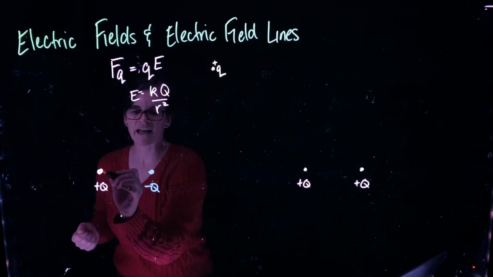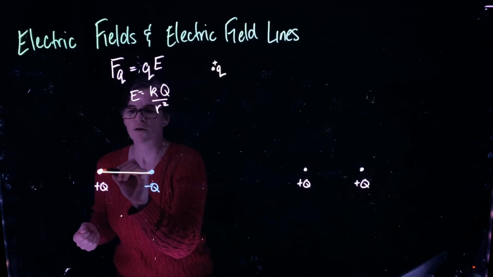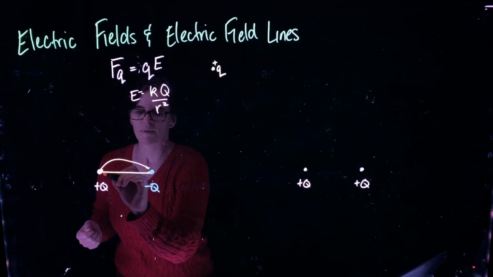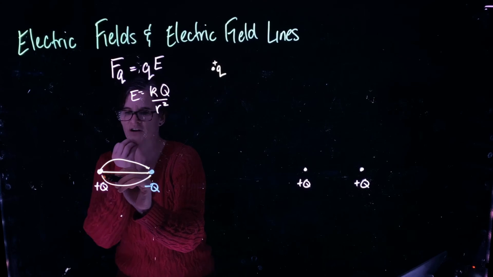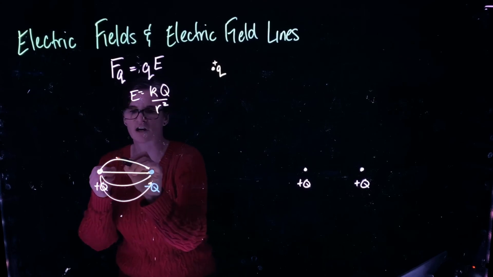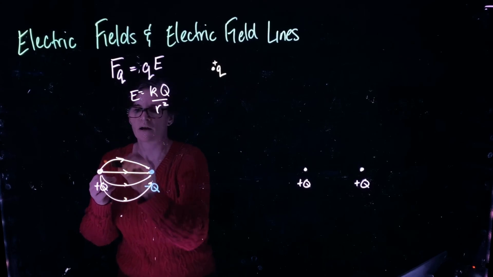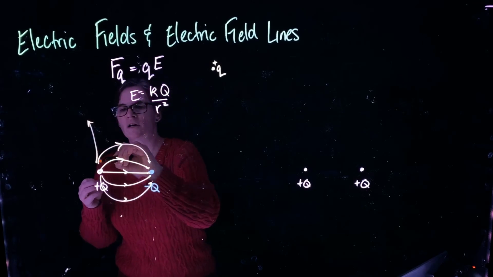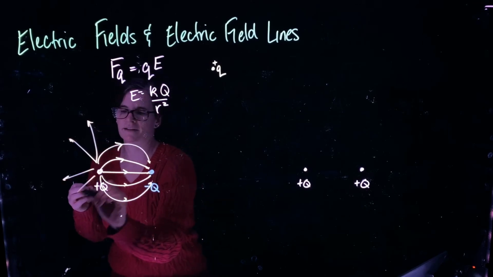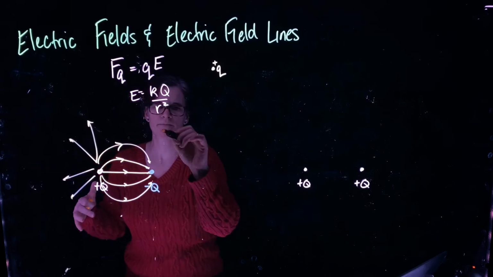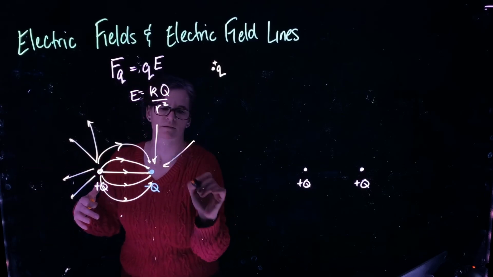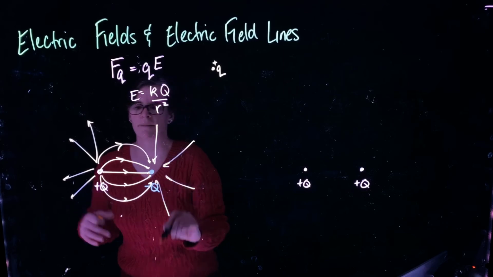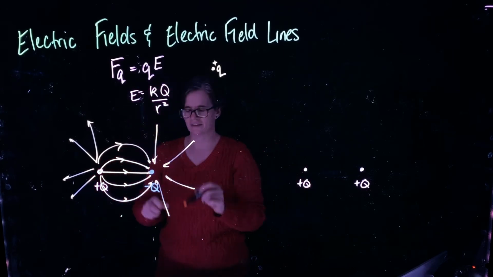And we find that the field lines for a positive charge and a negative charge all curve inward towards, you can imagine it gets bigger and bigger, from that positive to that negative.